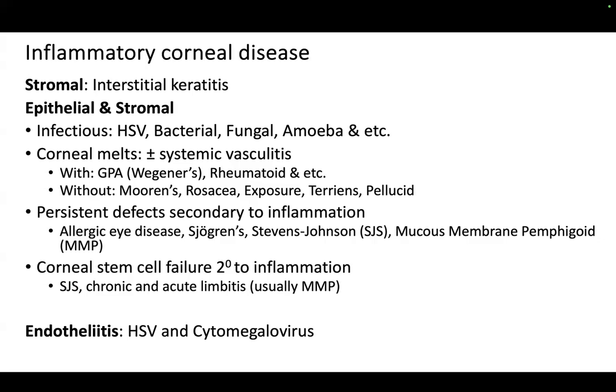Usually there's a clear history of a drug reaction, and essentially the patient comes out in a rash, and then the skin becomes inflamed, and essentially they have a generalized burn picture, and the eyes become involved due to conjunctival inflammation and some blepharon formation, and if it's uncontrolled, ultimately that can affect the stem cell populations.